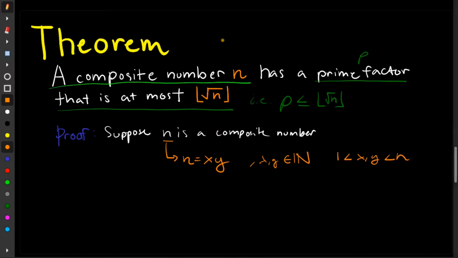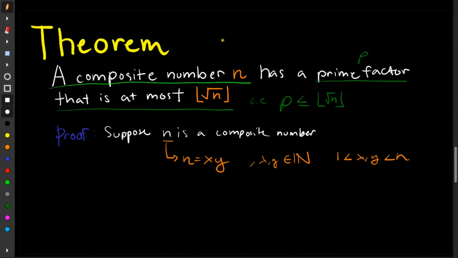Since we know that n is a composite number, we must be able to write n with factors wherein x is not equal to 1 or n, and the same goes for y. That's why we state it as this inequality.